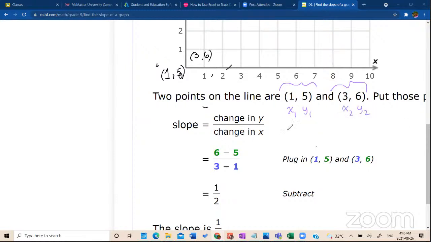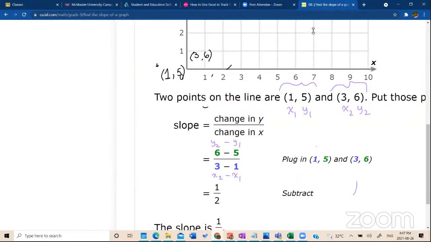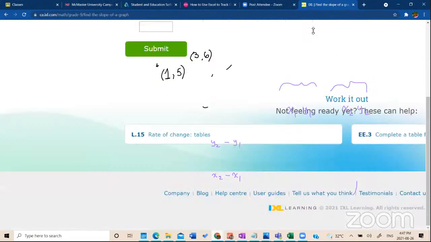To find the change, you do y2 minus y1 over x2 minus x1. 6 minus 5 is 1, 3 minus 1 is 2. It's going to be 1 upon 2, and that's the slope.